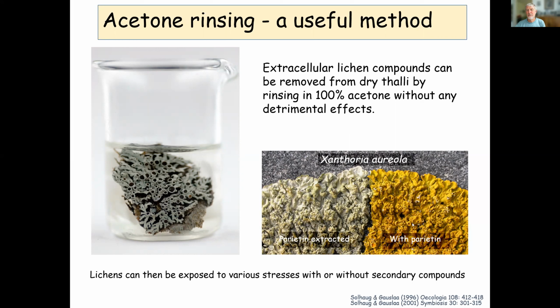You see an example here with Xanthoria aureola before extraction and after extraction. You see that almost all parietin is removed. But this has no adverse effect on the lichen. It has the same photosynthetic efficiency afterwards. So we can just take it up, let the acetone evaporate, moisten it, and it has normal photosynthesis.